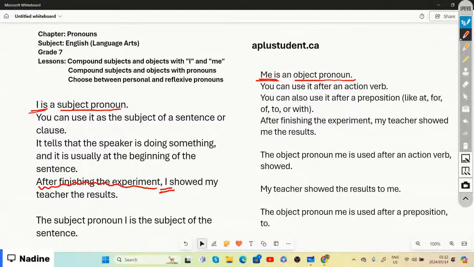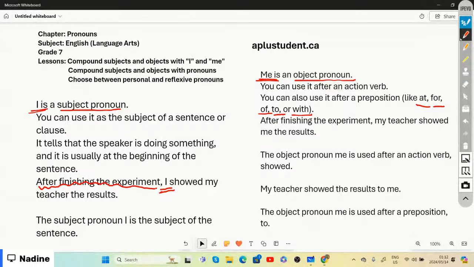You can use it after an action verb. You can also use it after a preposition, for example words like at, for, of, to, with.